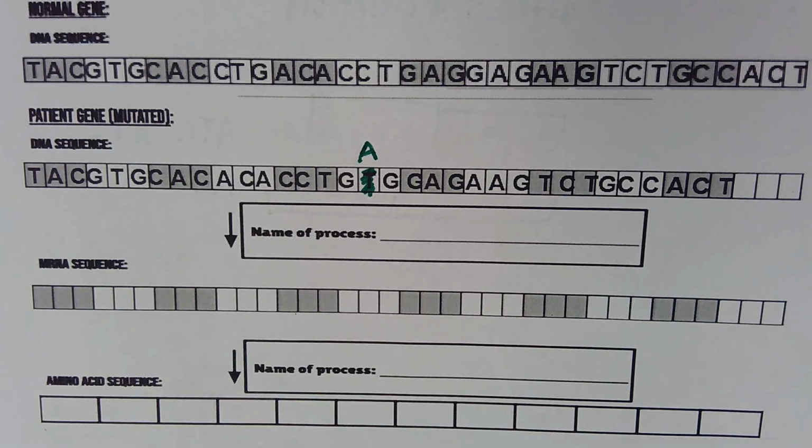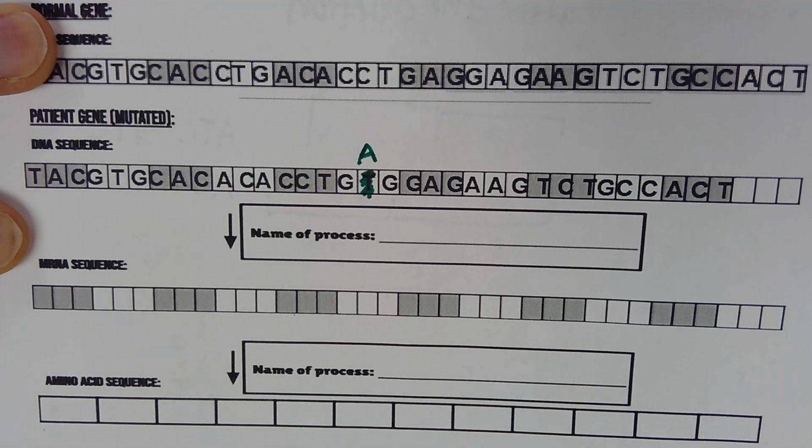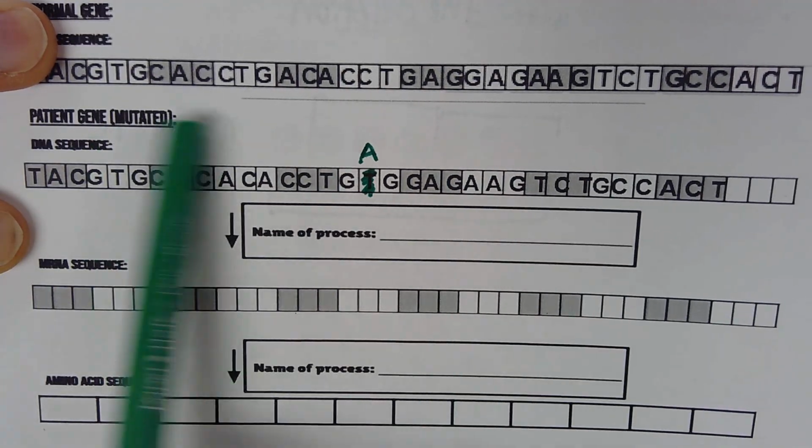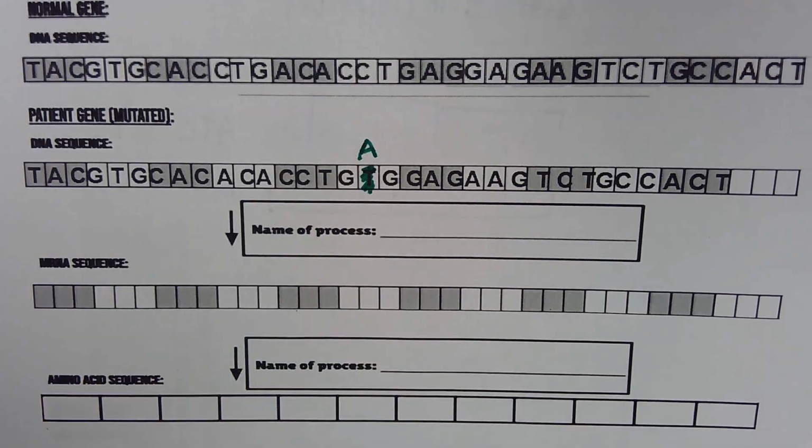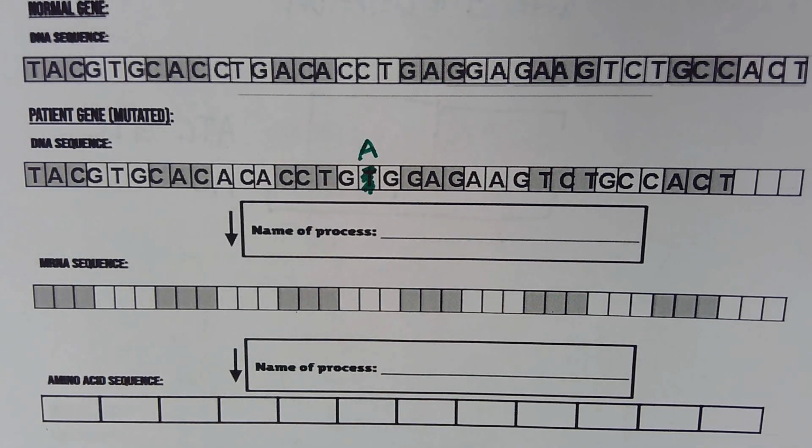So you're trying to find, you're comparing these two. Figure out what's deleted in this row compared to this row. Give me a thumbs up if you found it now.